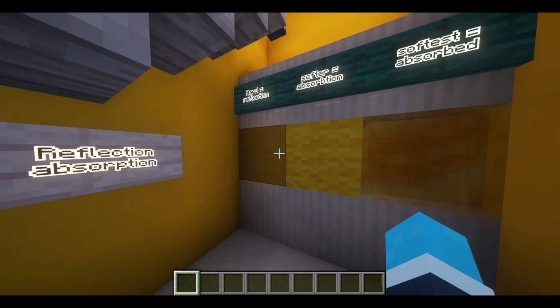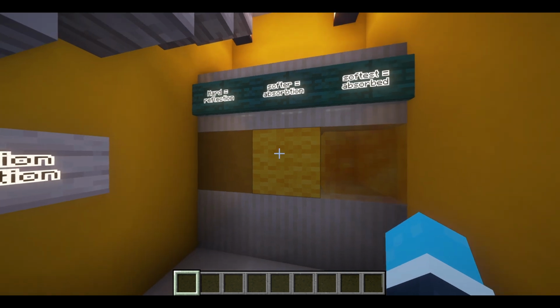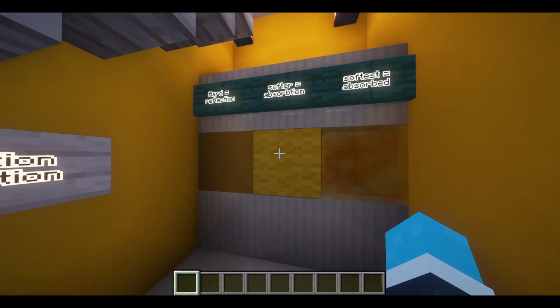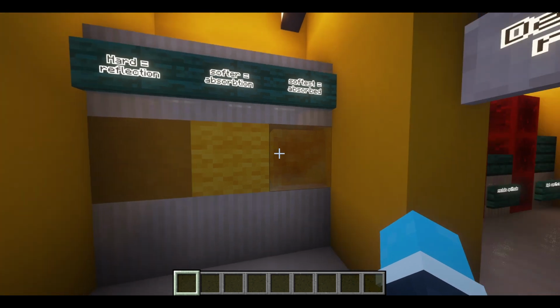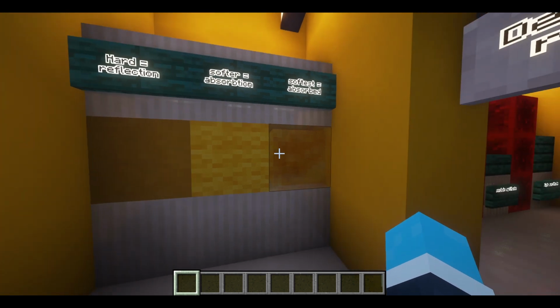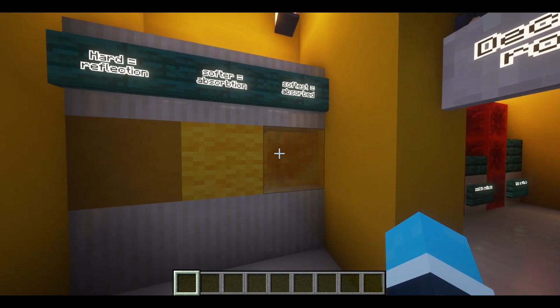Concrete rooms echo. That would be reflection. Wool is a lot softer, and so much more sound will be absorbed. And lastly, you have honey, which is basically liquid, incredibly soft. So lots, if not all, of the sound waves will be absorbed.